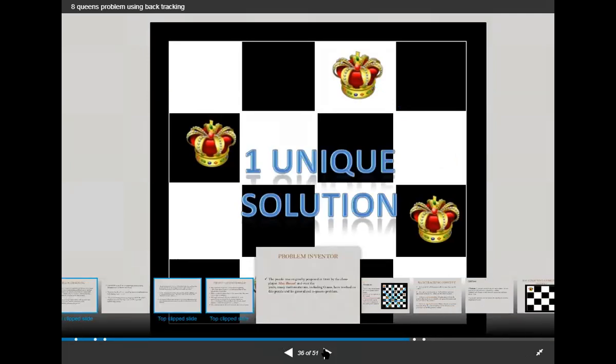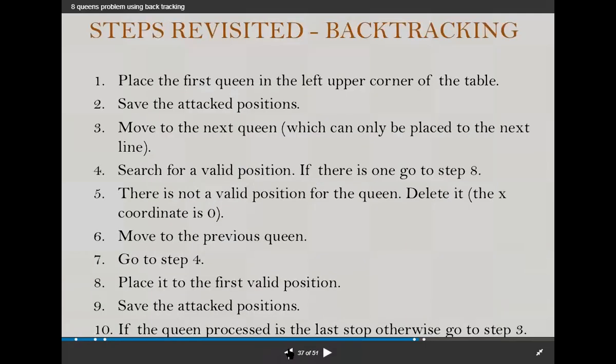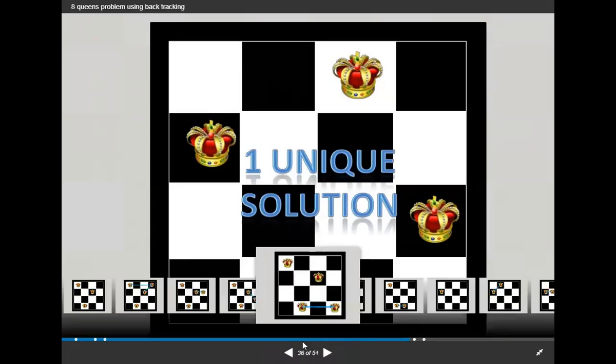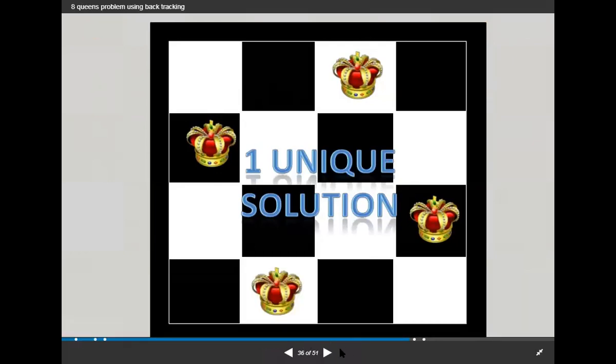Okay, clear students. So the first queen is placed in the third column. So the second queen in the first column.